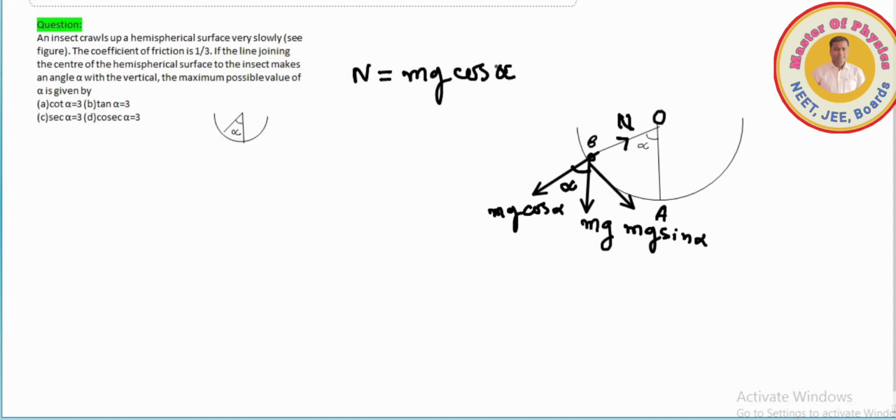That is, N equal to mg cos alpha. And the component mg sin alpha helps to slide the insect downward. But the friction between the insect and the surface of the hemisphere, F, acts tangentially upward. This is F, friction.